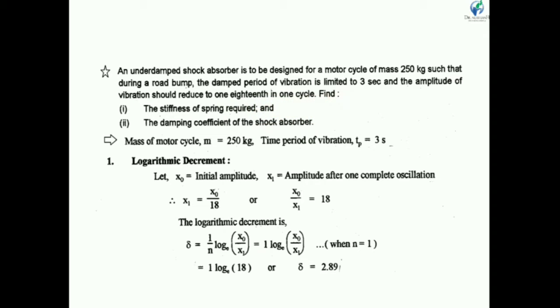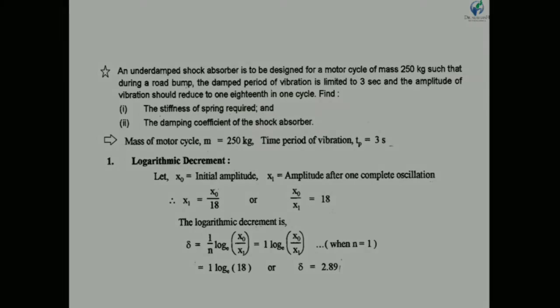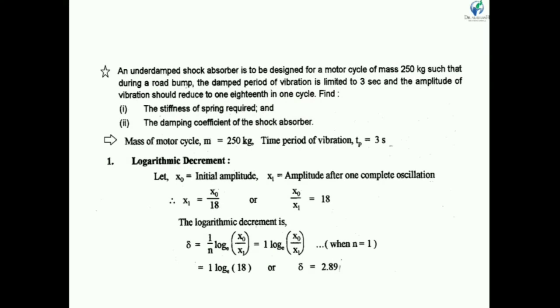My dear friends, in our bike, we know that in a suspension system there is a damper present, and because of this damper, the dampers are used to reduce the amplitude of vibration. So here we have to find first the stiffness of spring required, and second the damping coefficient of shock absorber.